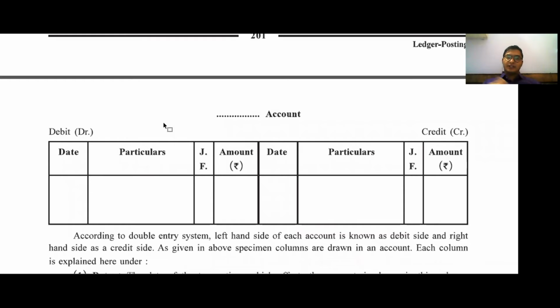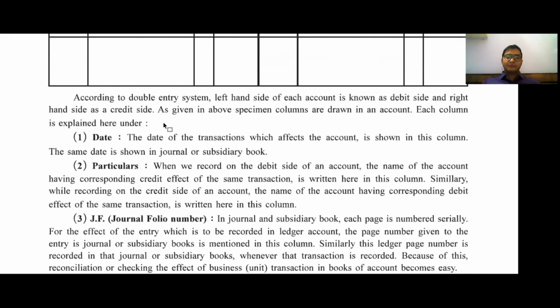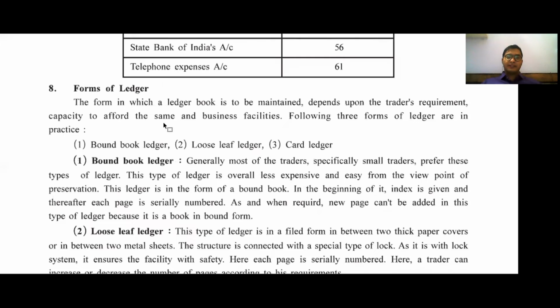It is called a ledger account. But on this ledger account, we have to record some transactions either on the debit side or credit side. Based on journal entries, subsidiary books, and cash book, we record such transactions either on the debit side or on the credit side. It is called posting. Okay, very clear.